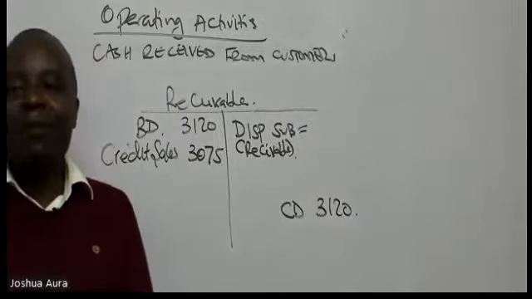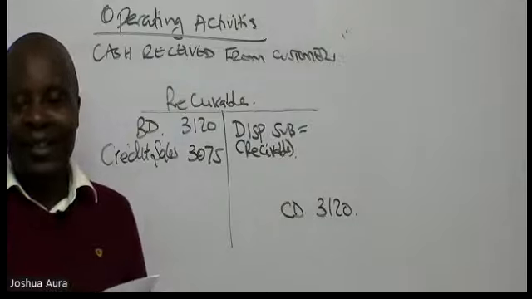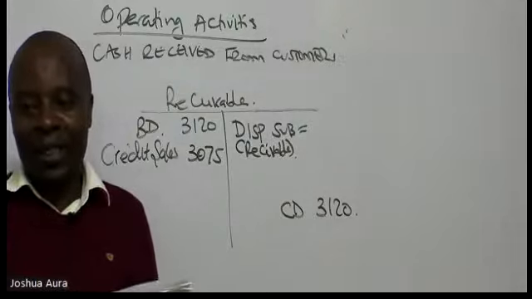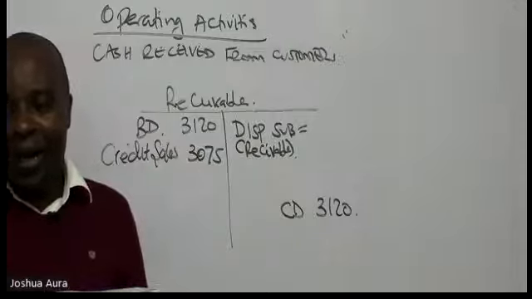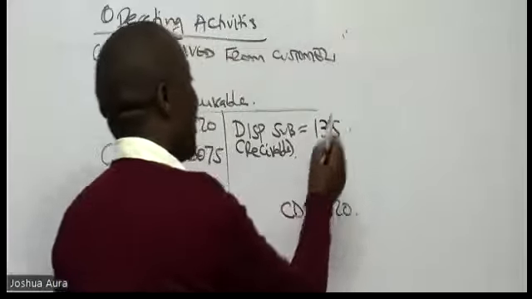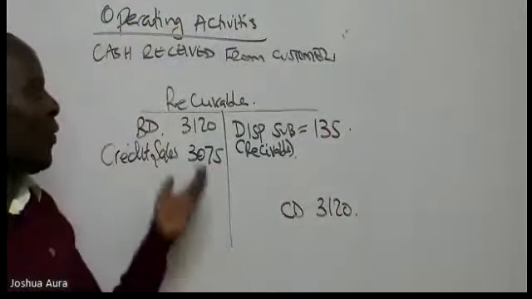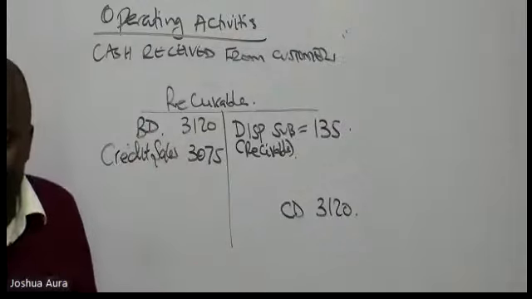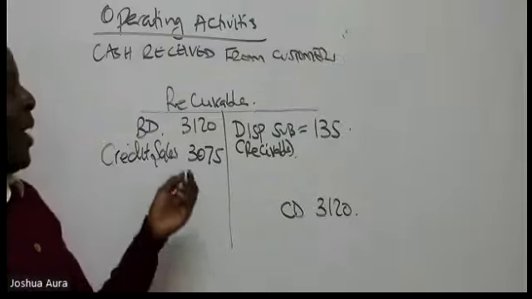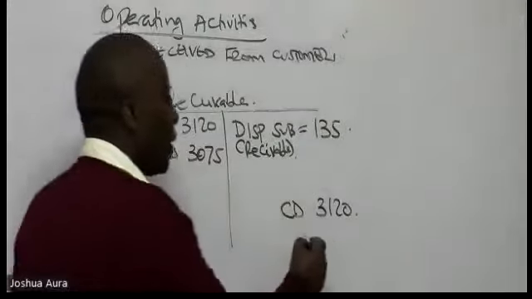So the disposed subsidiary, from note number 3, are you able to see the receivables there? 135. So, ladies and gentlemen, if there are not many transactions affecting our receivables account, come and close this account.